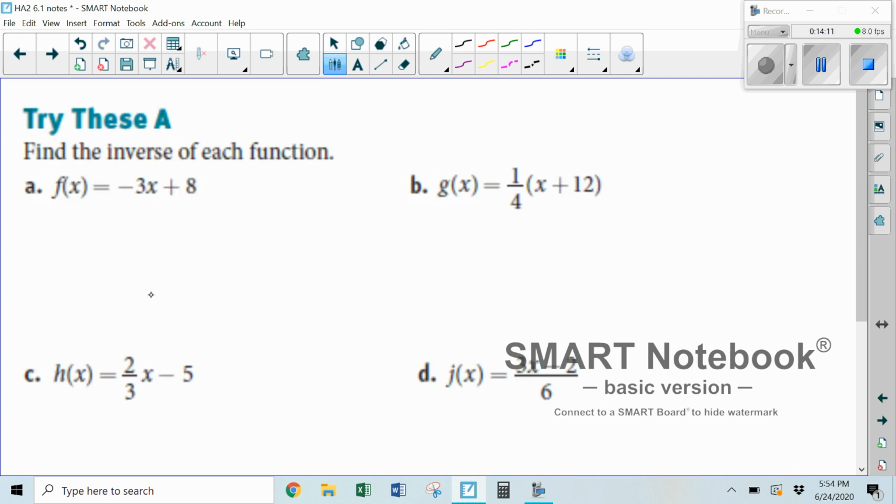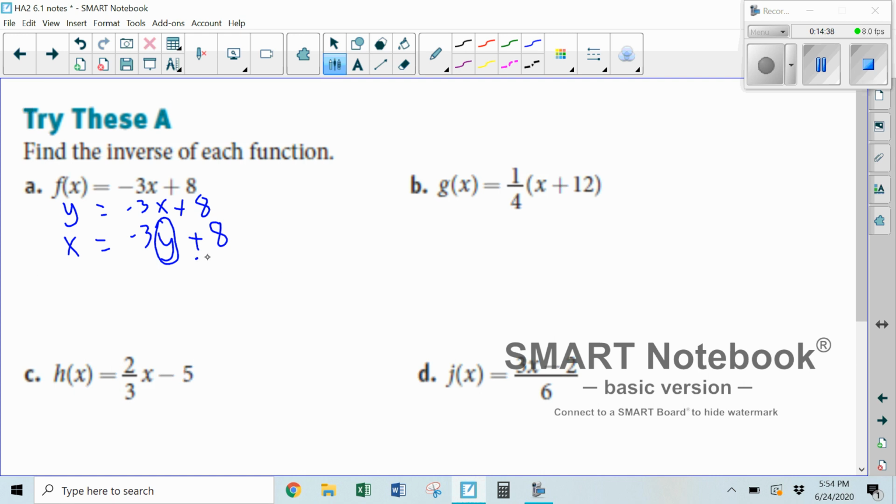Let's practice. Find the inverse of each function. Step 1, change f of x to y. Step 2, exchange x and y. So wherever you see an x, put a y, and wherever you see a y, put an x. Now we have to solve for y. So how will I get y by itself?